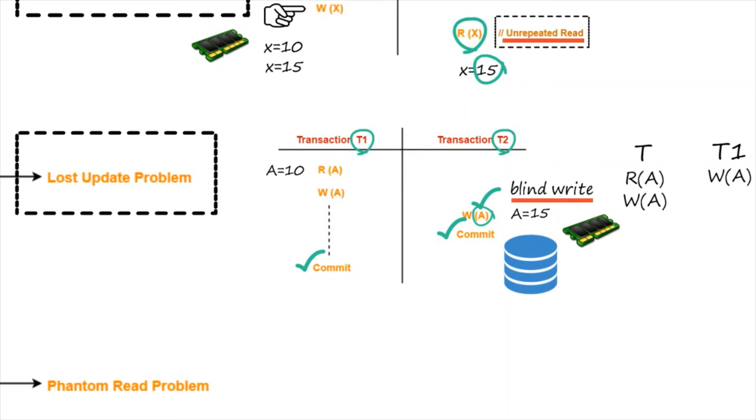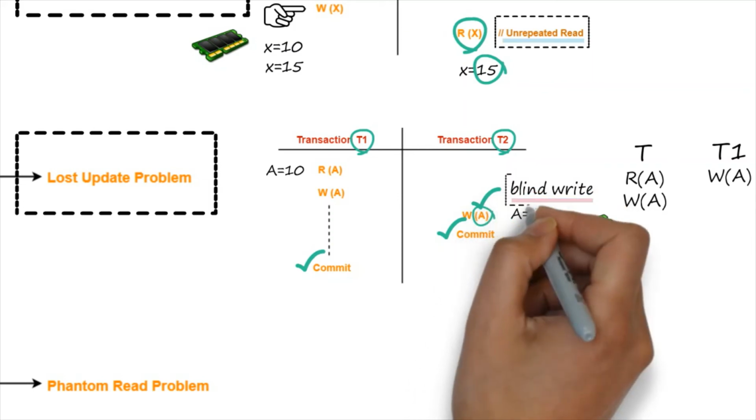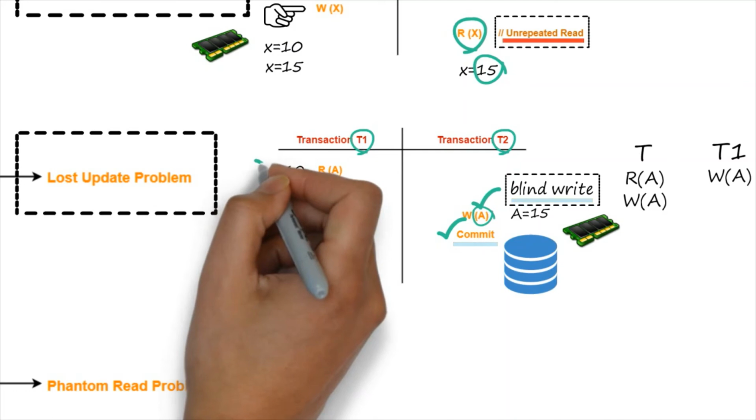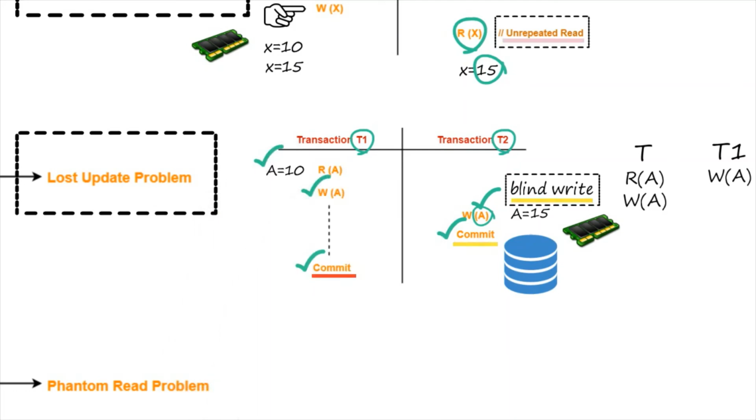So here the point is we have two problems. The first problem occurs due to the blind write, and the second problem occurs due to the different timing of the commit operation. Means T1 is expected to write whatever update is made by this transaction T1. Say T1 has initial value 10 and here it is updating the value as 25. So T1 was expecting that after the commit operation it will get the value of A as 25, because this update is made by T1.